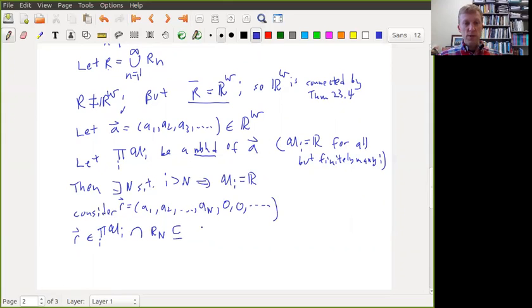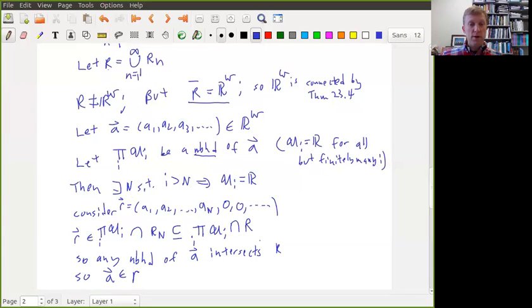Since R^N is a subset of the union of R^i as i goes from 1 to infinity, that is, R infinity, this sequence element is an element of R infinity. So any neighborhood of A intersects R infinity, which tells us that A is an element of the closure of R infinity, which is what we wanted.